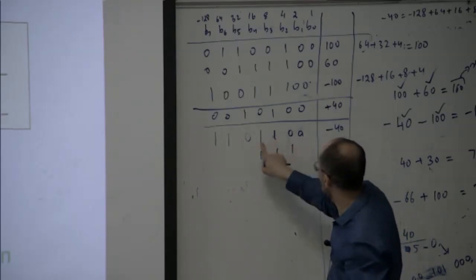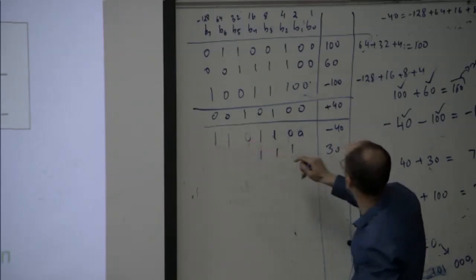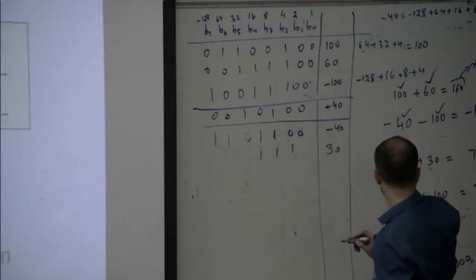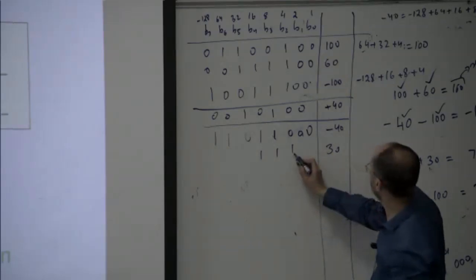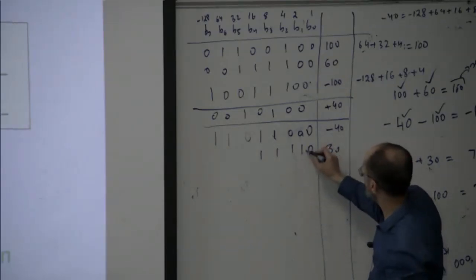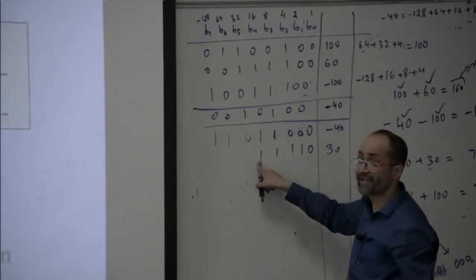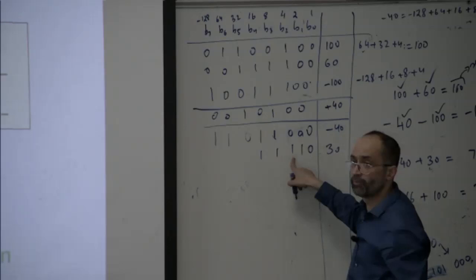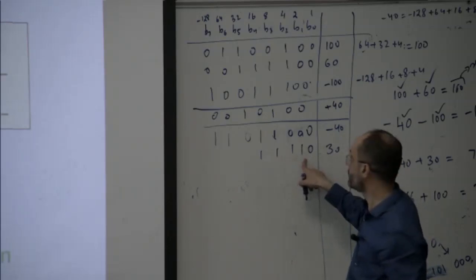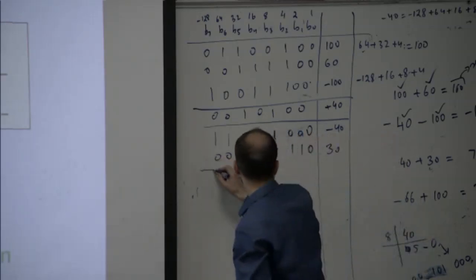So now we count 1 2 3 4 5 6 7. Now this is 7 actually. So 40 is actually 3 zeros are here. And then we have 1, and then 1 and then 0. So what is this? 16 plus 8, 24, 28 plus 2, 30, and then we have 30.